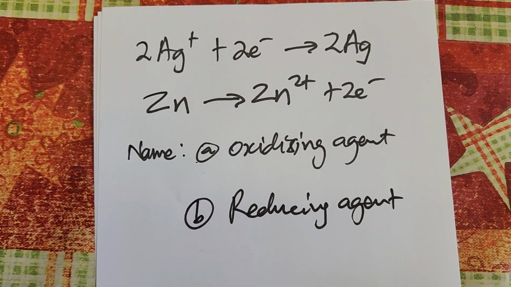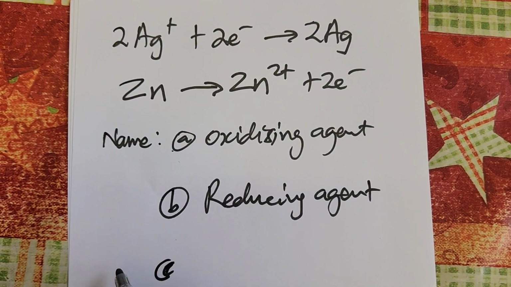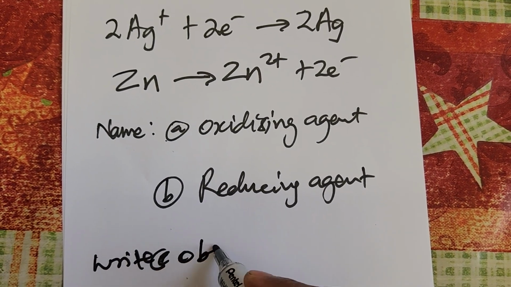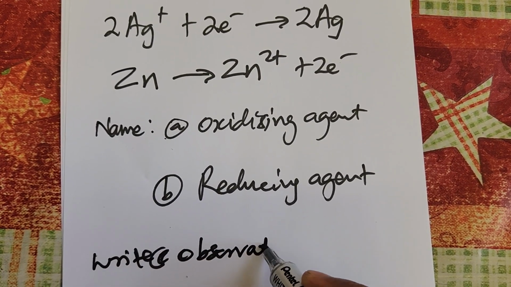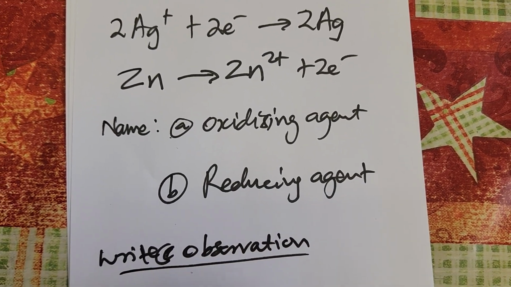Or maybe we can just say write down the observation. So the observation when the whole thing takes place, observations just for 1 mark.